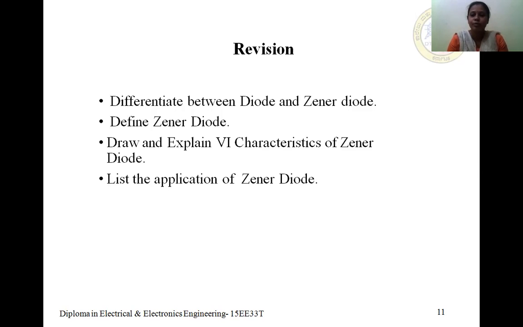Coming to the fourth point, normally a diode is used for rectification purpose, whereas a Zener diode is used for voltage regulation purpose, that is regulators or stabilizers.